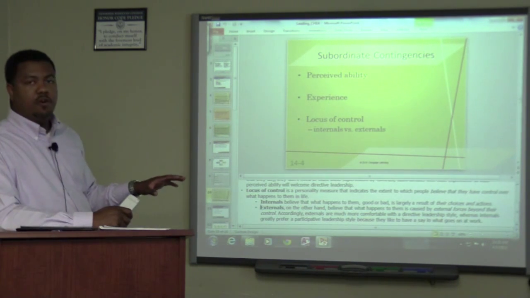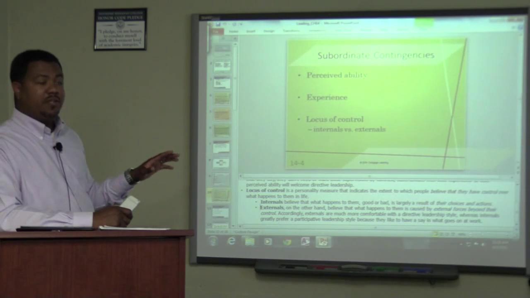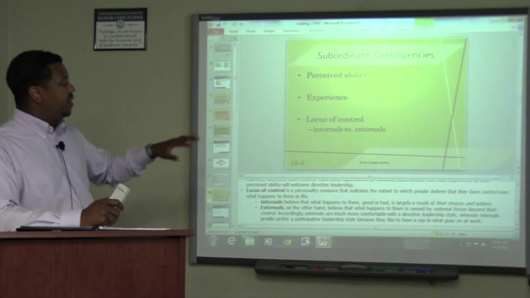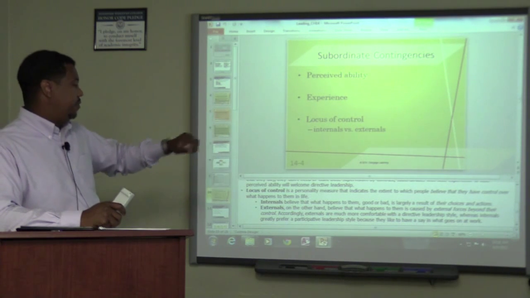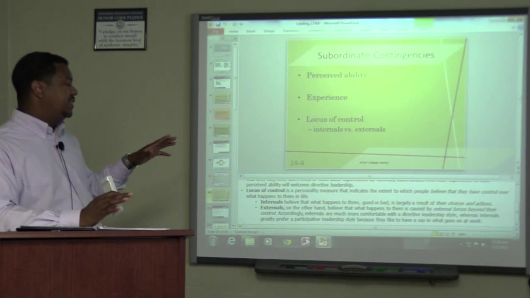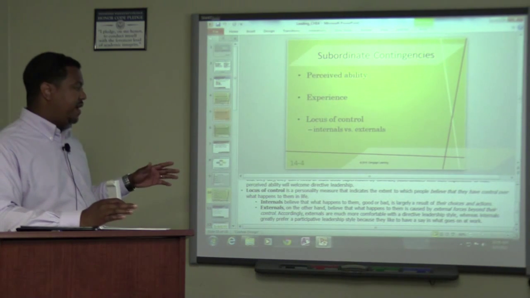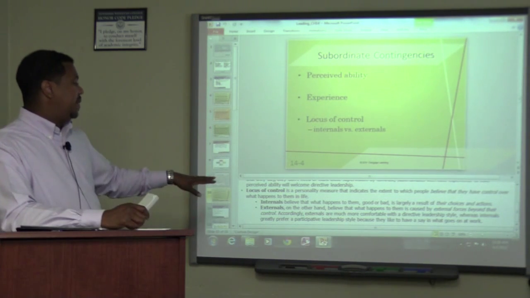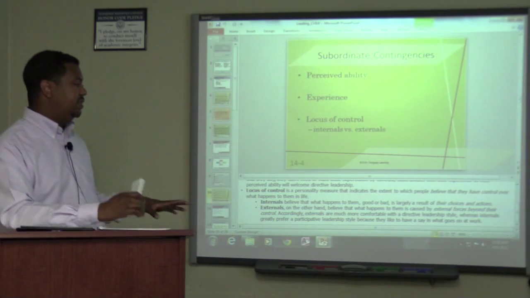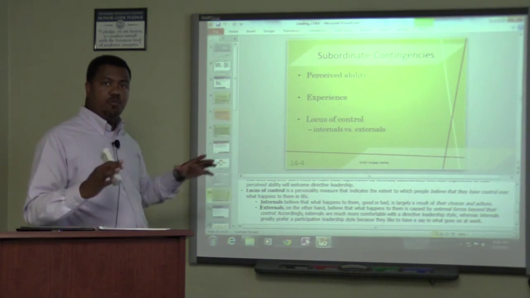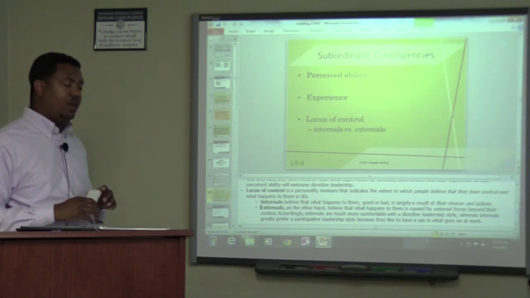Locus of control identifies an individual's personality and their belief system, whether it's internal or external. Internal individuals believe that things that happen to them, either good or bad, are largely a result of their choices and their actions. Those individuals can take on more with experience, move forward in their own direction, and operate with a lot more autonomy.